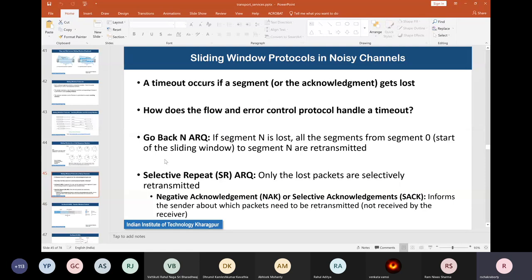What happens in a noisy channel if a segment or its acknowledgement is lost and it is not received? A timeout will happen. Now there are 2 options.